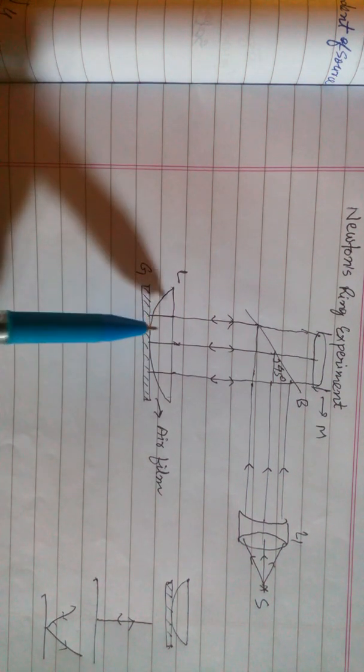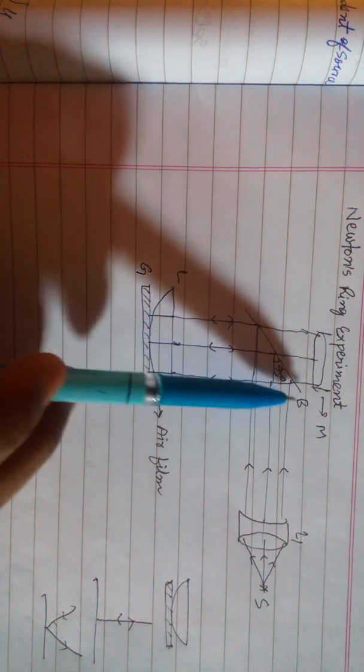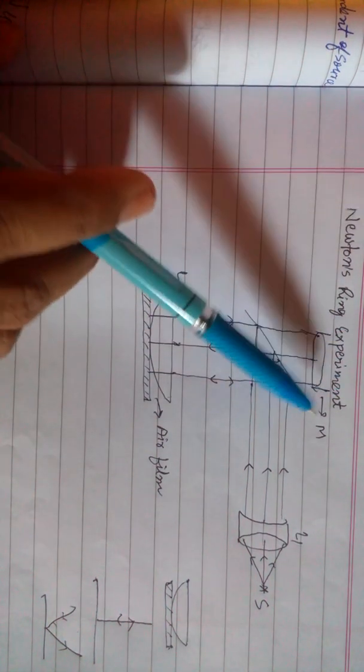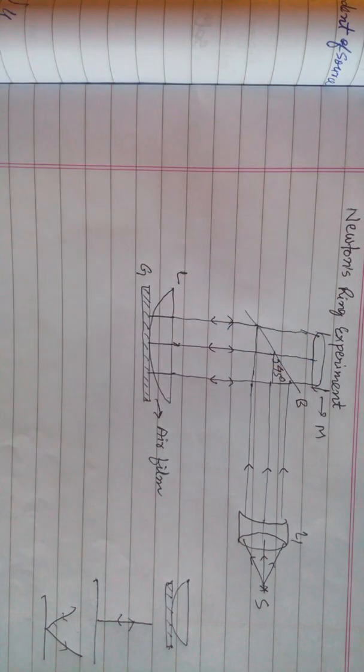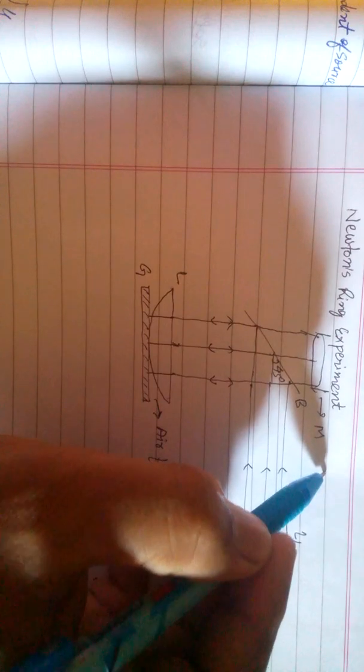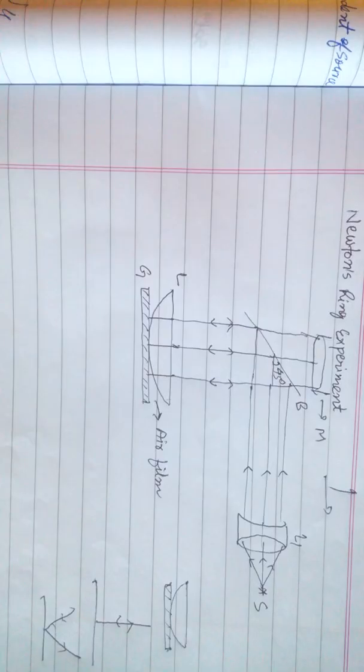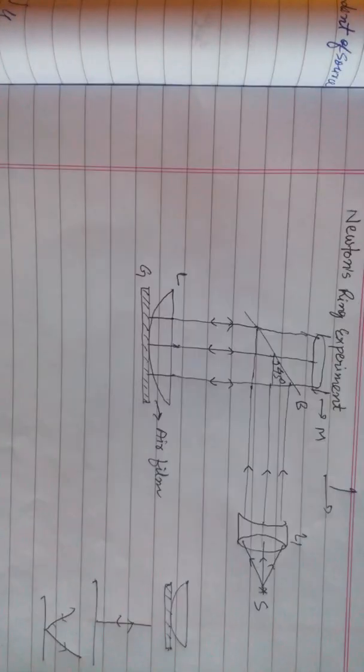This ray again reflects back and goes through glass plate B, and above it there is a microscope or telescope. Generally we use a telescope, and we can shift it both horizontally and vertically.